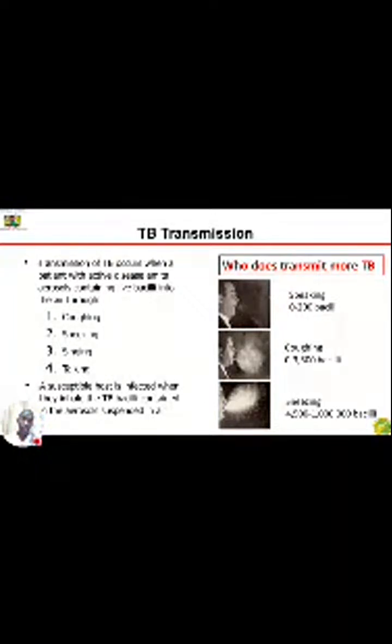Remember, the caution here is that if you have contacts, you screen them for tuberculosis. If they are TB negative, what do you do? You start them on TB preventive therapy. As we all know, TB is an airborne disease which can be spread through coughing, sneezing, singing, or talking. I hope we are together. Let's continue learning.